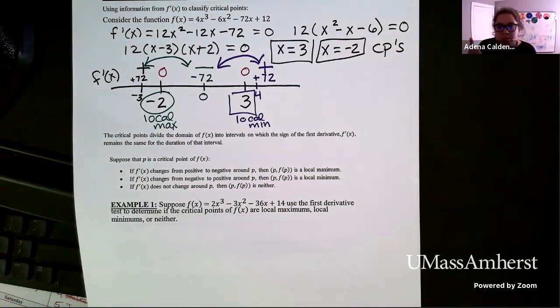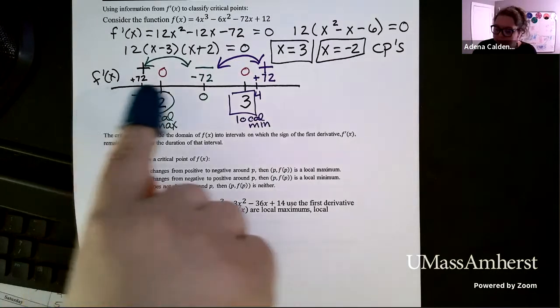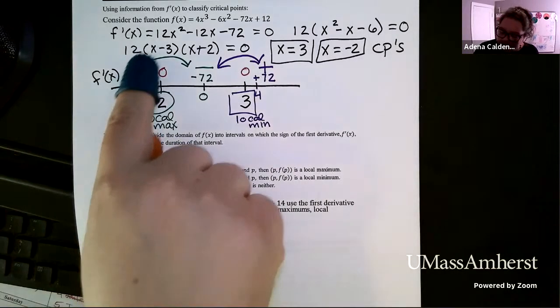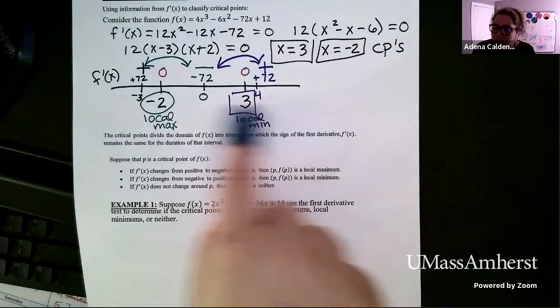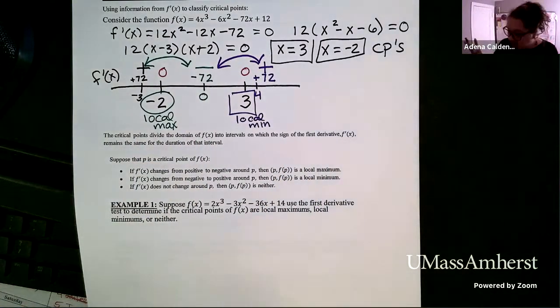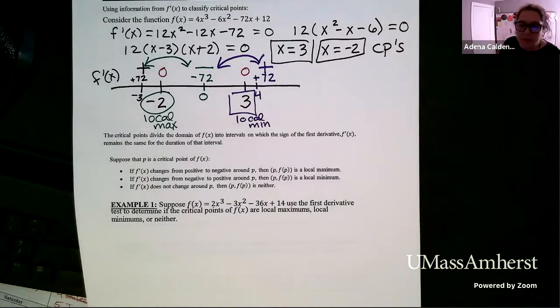Again, first step, find the critical points. They should seem familiar. We've done this function before. Second step, you're going to set up your first derivative number line. You're going to pick test points. You're going to put them in. Then you're going to figure out how the first derivative is changing, and then you can classify your critical points. Okay, so take 2 minutes, see if you can try that out.